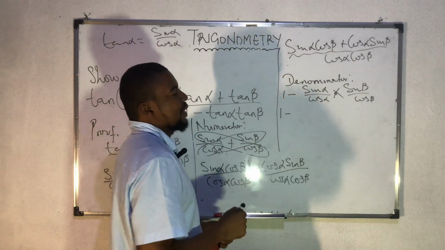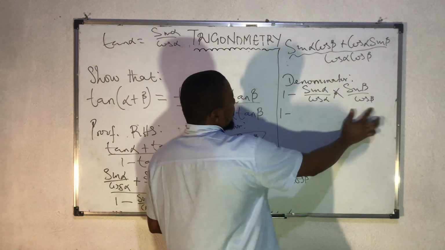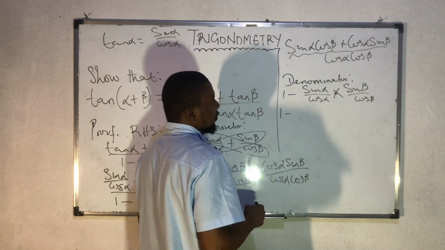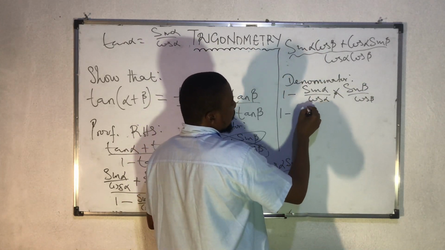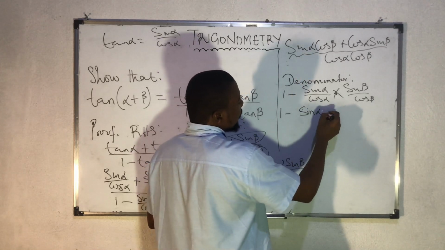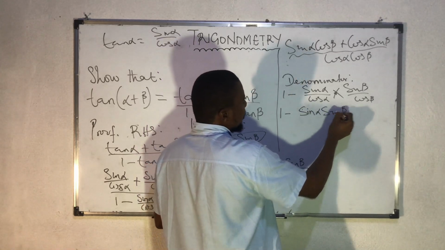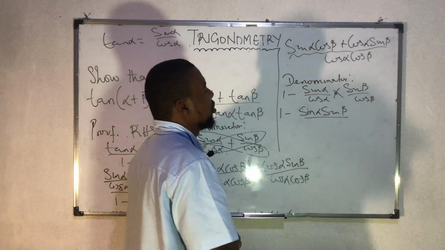Remember, if you have a fraction like this, all you need to do is to multiply the numerators together and denominators together as well. Sine alpha times sine beta would give you sine alpha sine beta over their denominators.